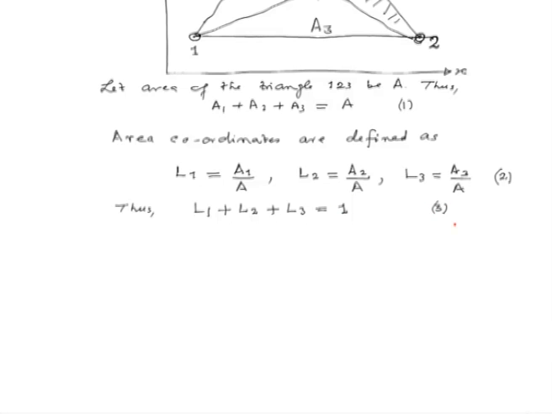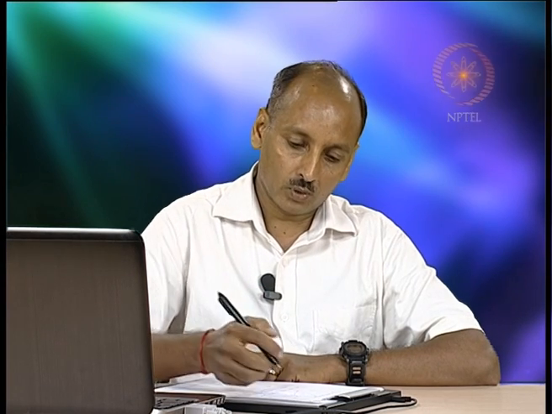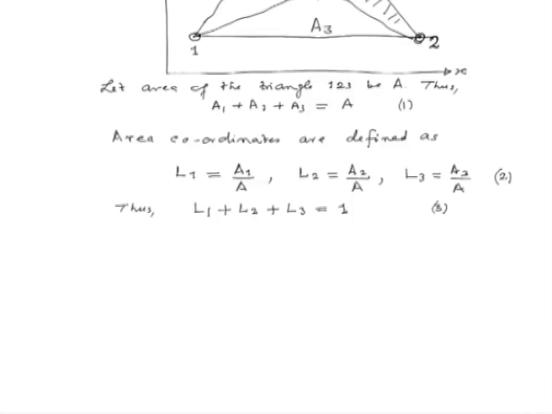So, what we say is that these three coordinates are interrelated. So, we have got only two independent coordinates. If we know L1 and L2, we can find out what the value of the third coordinate is. So, in a sense we have got two independent numbers to represent the coordinates of a given point P in our triangular element.